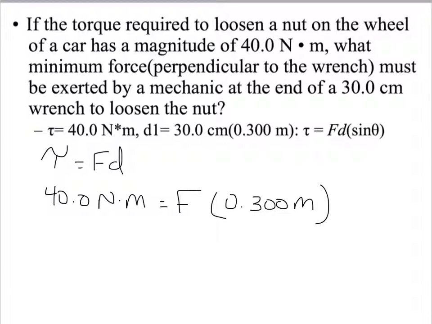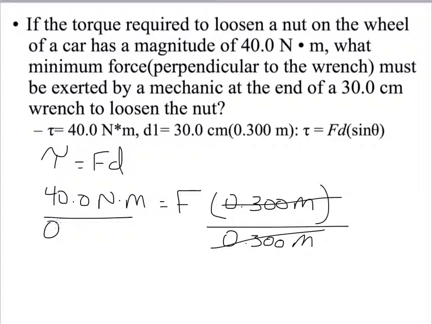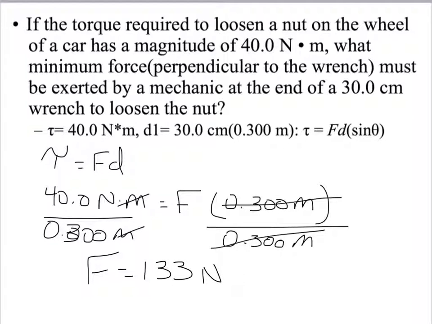Now to solve for force, I'm going to divide by my 0.300 meters. Meters cancels. Now look what I'm left with, newtons, which is appropriate for force. So my force is going to equal 40 divided by 0.3, which is 133.3 repeating, but with our significant figures, is 133 newtons total.